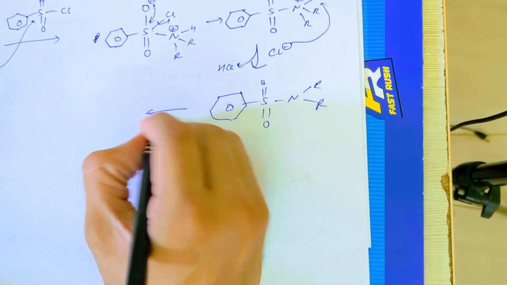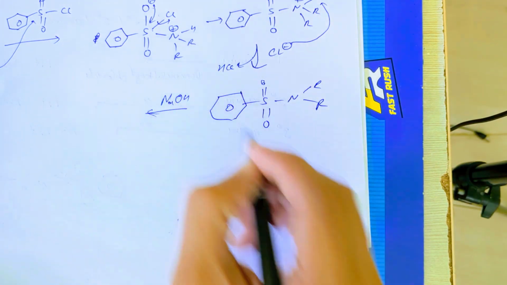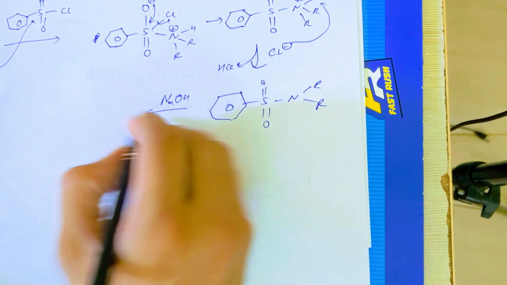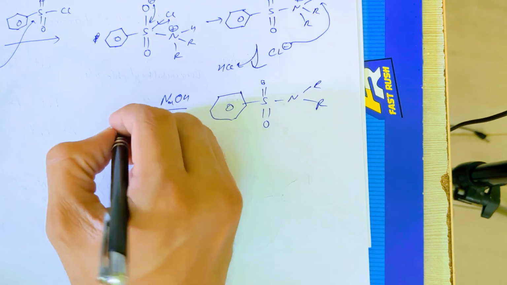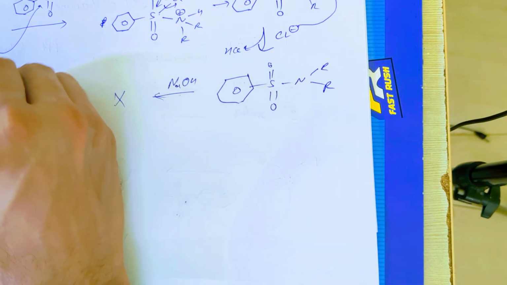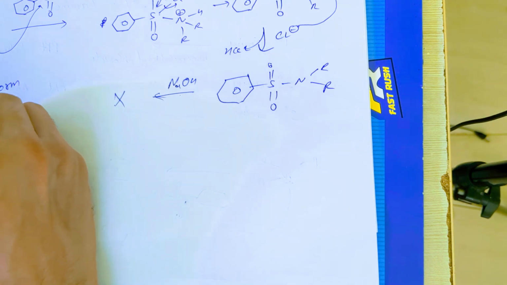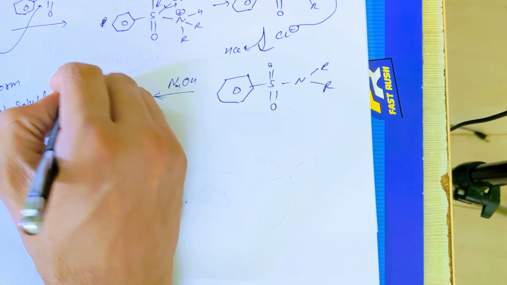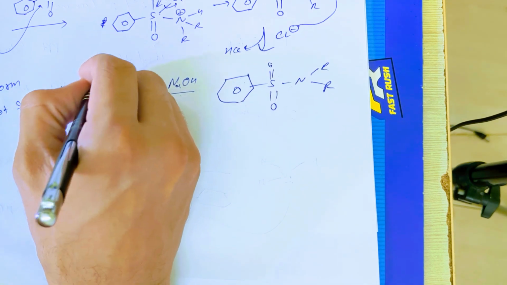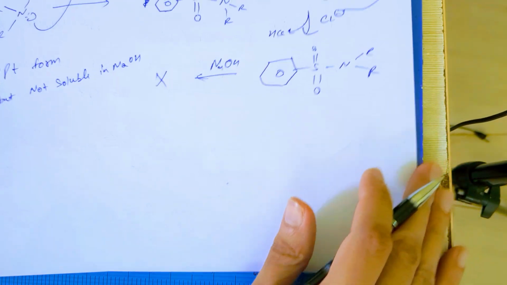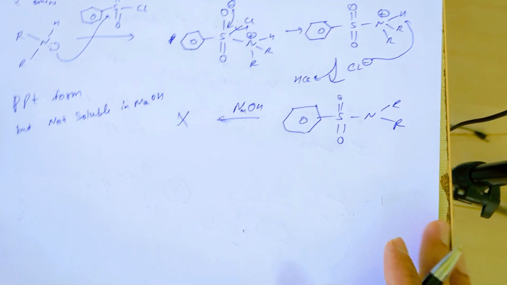Now if we use sodium hydroxide here, there will be no hydrogen to give us water, so there will be no further reaction. The precipitate forms, but is not soluble in sodium hydroxide.